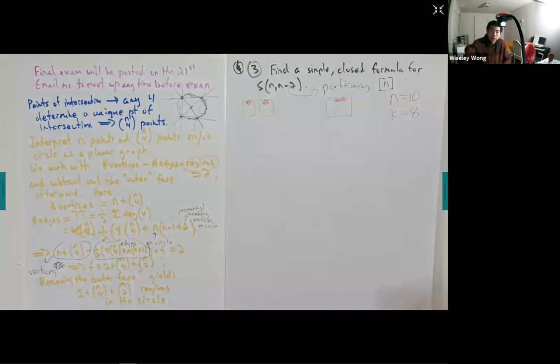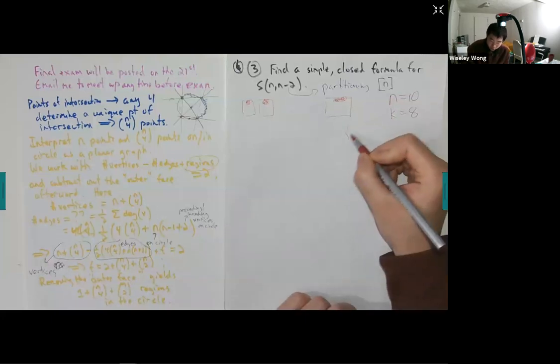So if we look at the specific case of n is 10 and k equal to 8, the easiest way to think about this first is that you could definitely have every single thing with 1 element in it, and then 1 part has all the remaining, which in this case would be just 3 elements.